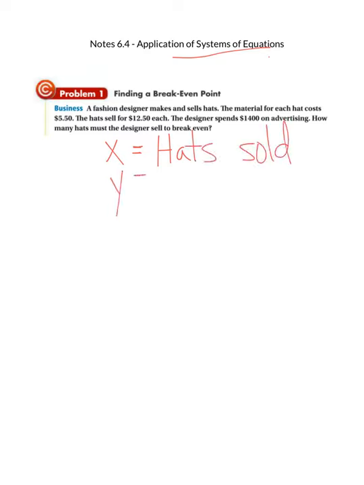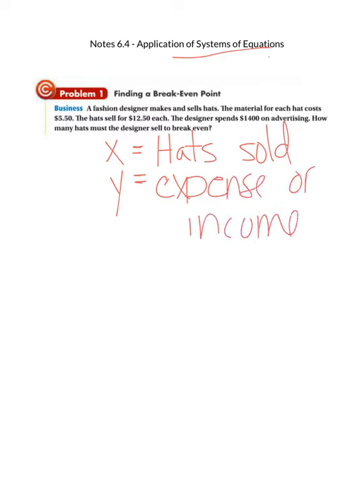Let's think about what our y could be for these equations. The money, the income, or the expenses, right? The expense or income. So I like this: the hats sell for $12.50 each.